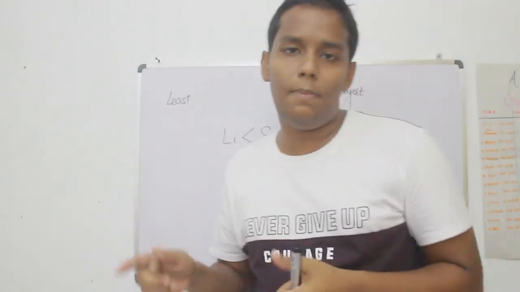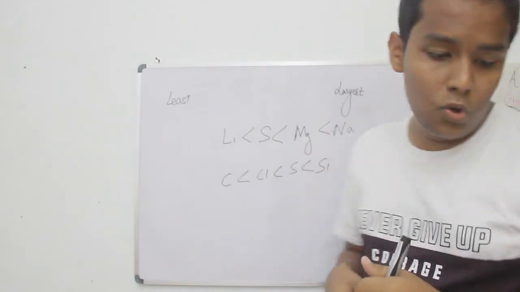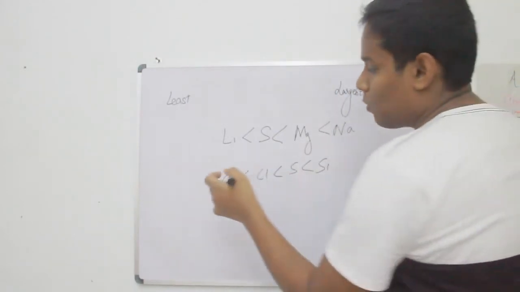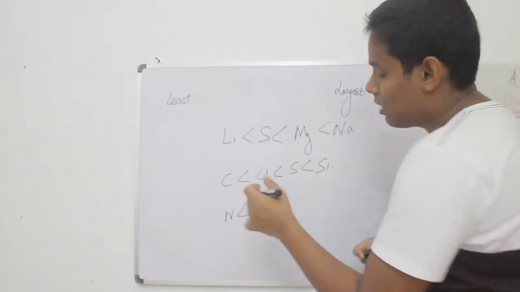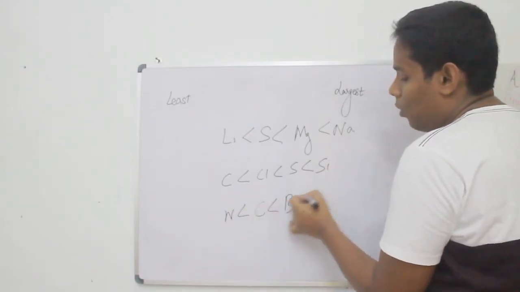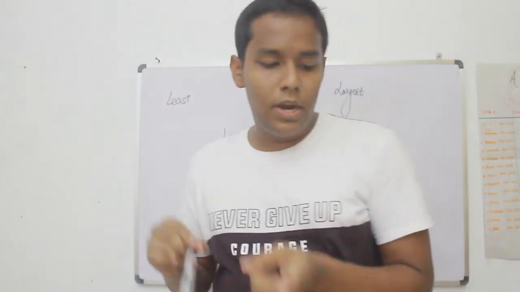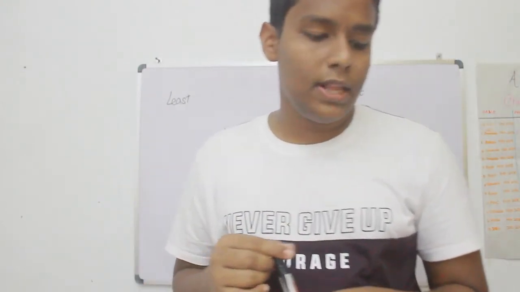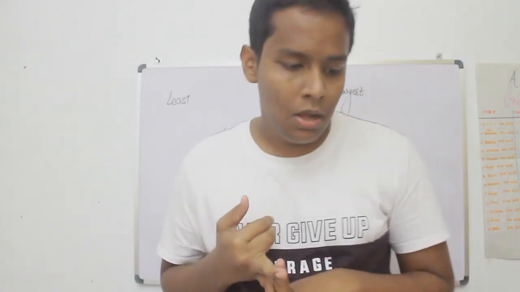Boron, carbon, nitrogen belong to period number 2, but phosphorus is for the next period. So nitrogen will be the smallest, then carbon, then boron, then phosphorus. Fourth one: lithium, sodium, potassium, calcium. Potassium and calcium belong to one particular period, the fourth period.